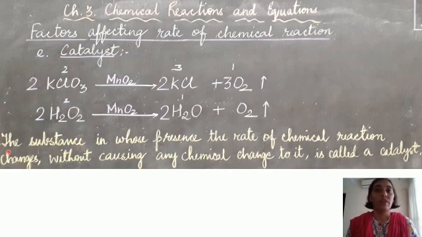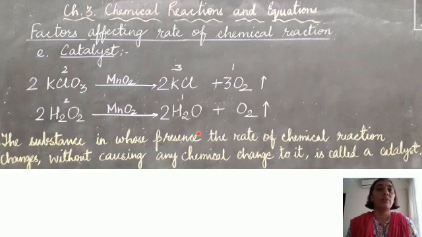So how do we define a catalyst? The substance in whose presence the rate of chemical reaction changes without causing any chemical change to it is called a catalyst. Mostly a catalyst is required in very small quantity. That is one benefit, and it increases the rate of reaction and it does not bring about any chemical change in the reaction.